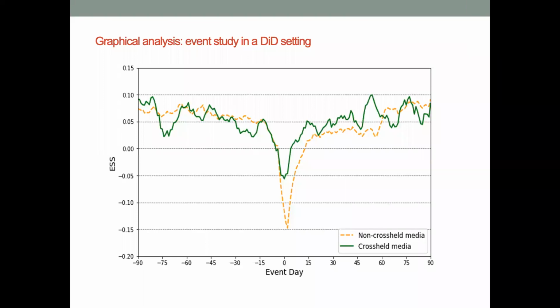No, my question was more about, sorry, just to follow up. I would have thought that the orange dotted line would persist for a longer time after the event for the non-cross-held media. My point was not about the green line, which I can understand from your story, but why does the non-cross-held media bounce back so quickly if they are not conflicted?